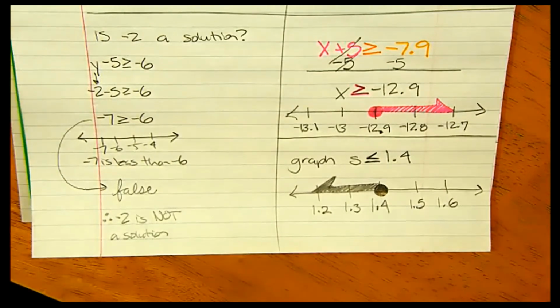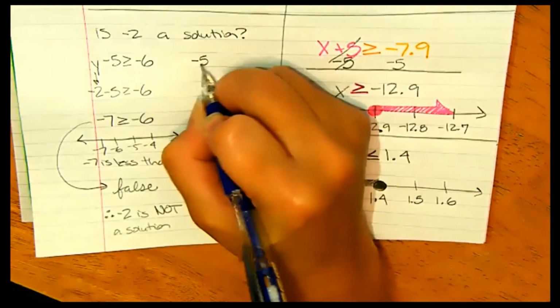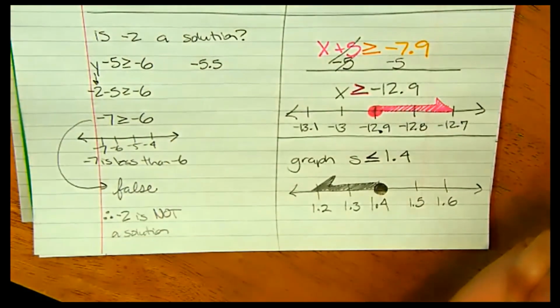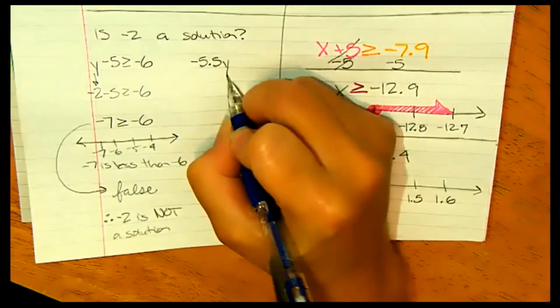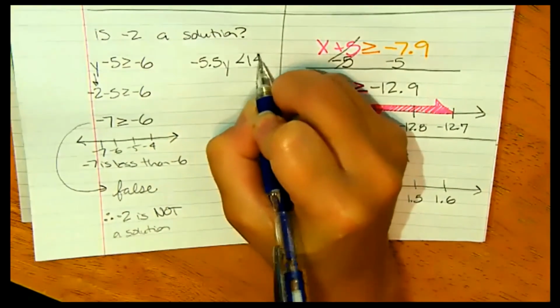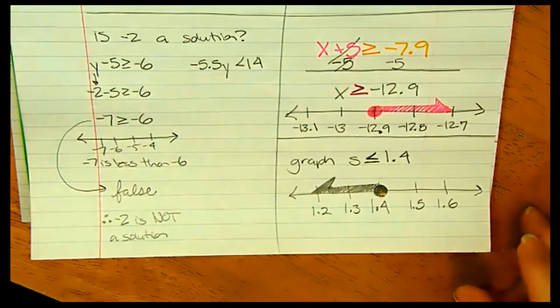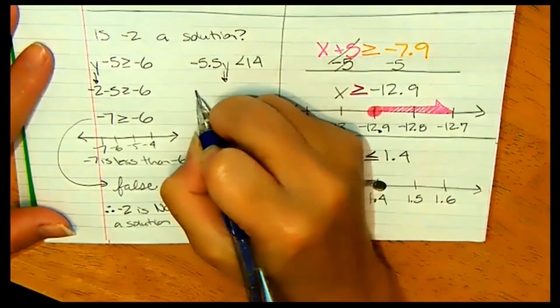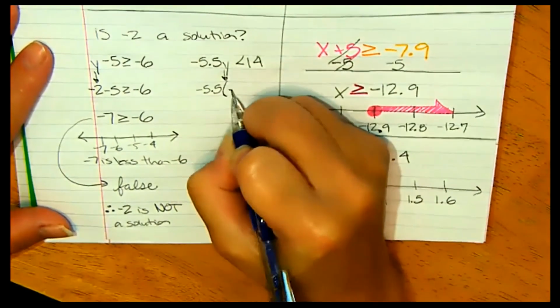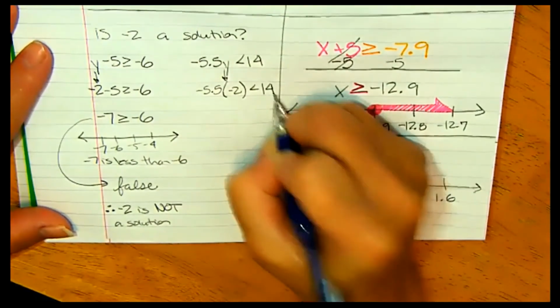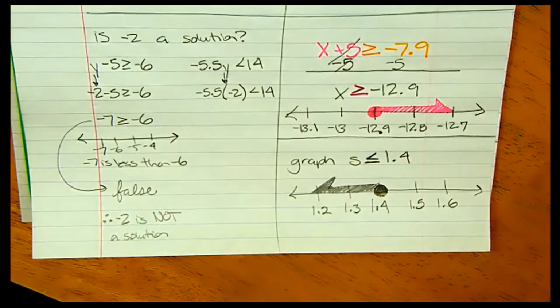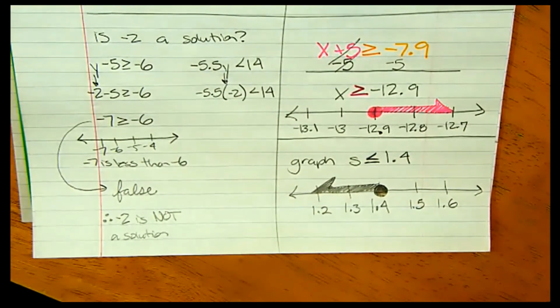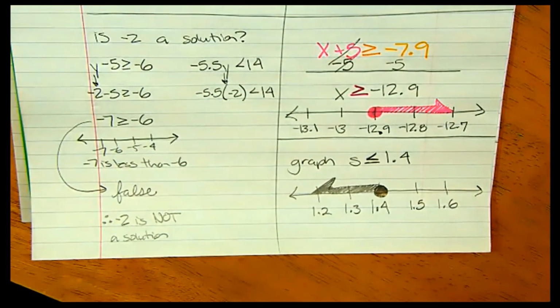Okay, so what does a solution look like? Well, let's try another one. Negative 5 5/10 times y is less than 14. So my first step is to substitute: negative 5 5/10 times negative 2 is less than 14. Now, can you use a calculator here? Yes, please do.